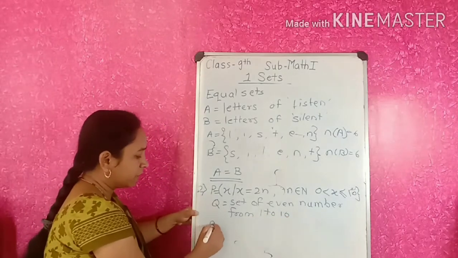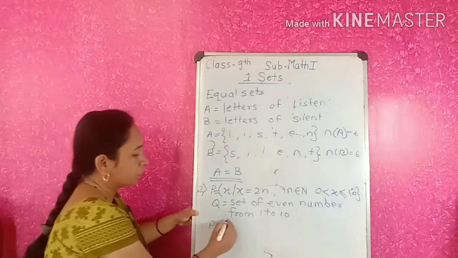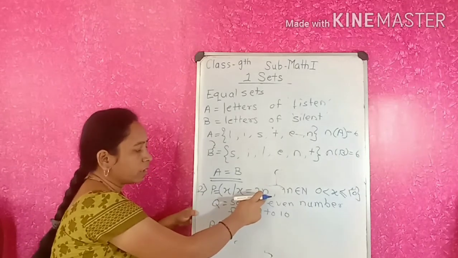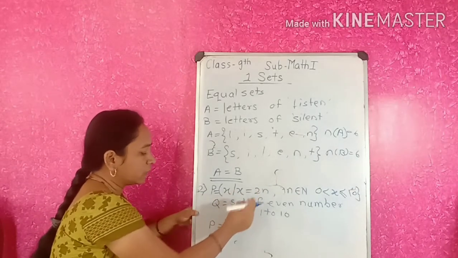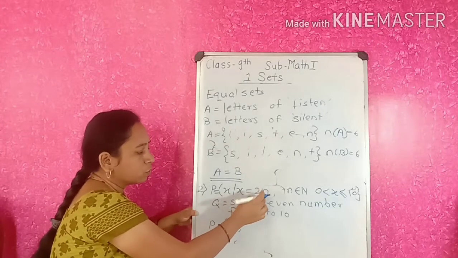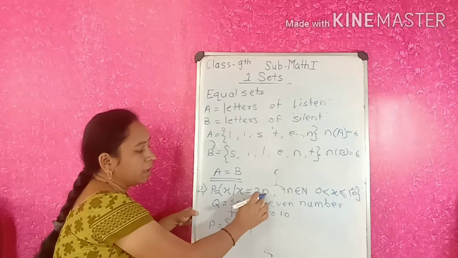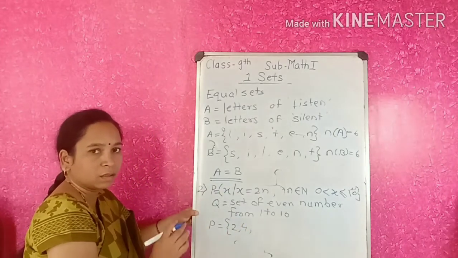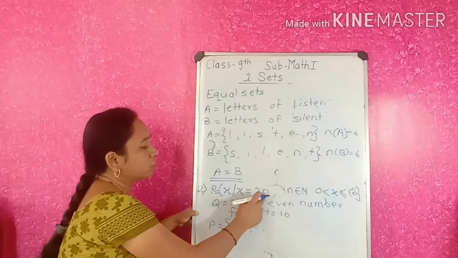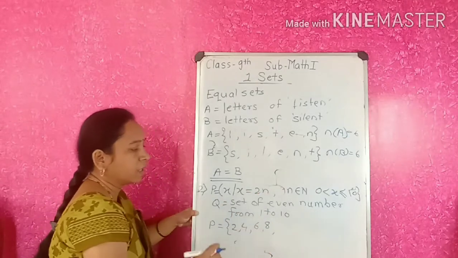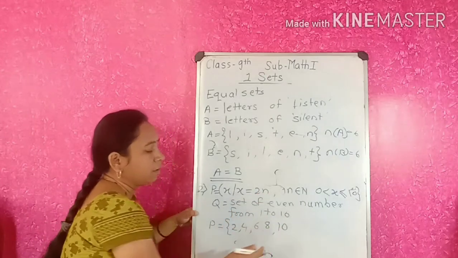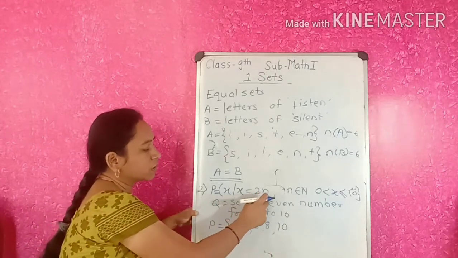So we'll write the P set first. n is a natural number. If I take n as 1, 2 times 1 is 2. If n is 2, 2 times 2 is 4. If n is 3, 2 times 3 is 6. n is 4, 2 times 4 is 8. n is 5, 2 times 5 is 10. n is 6, 2 times 6 is 12.